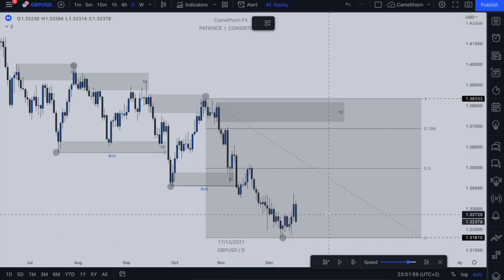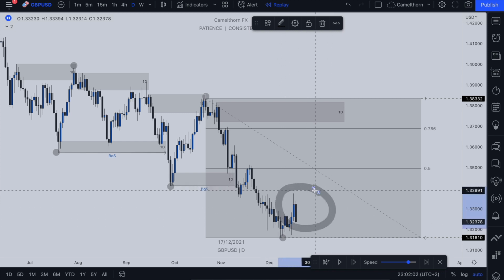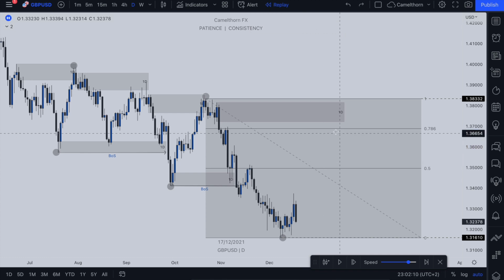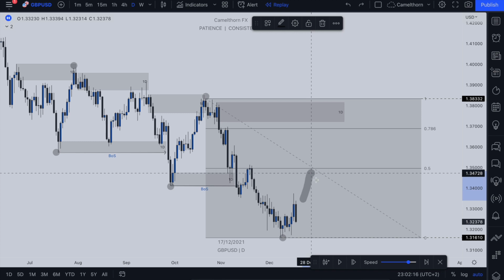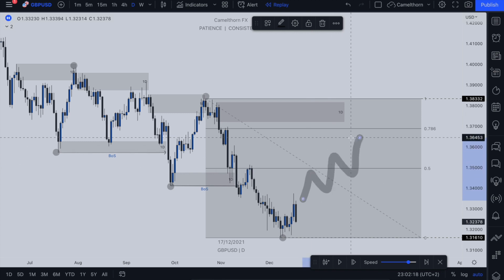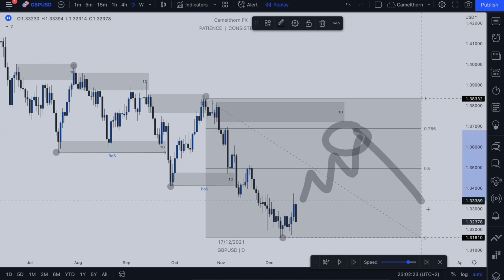What that means is everything below is going to be regarded as discount pricing, and everything above is going to be regarded as premium pricing. So in order for us to continue with this underlying daily trend, we would like to see price action pull back into our premium pricing, mitigate something, and then roll over.